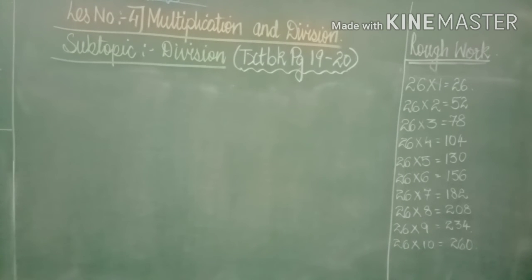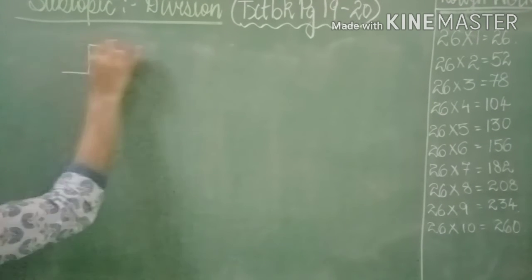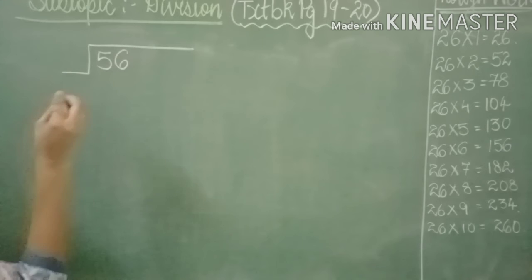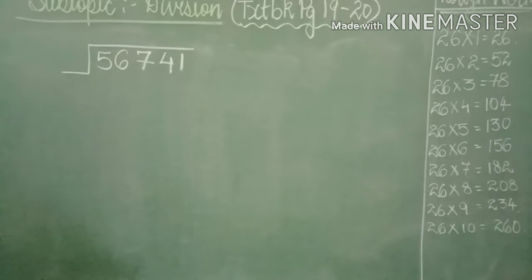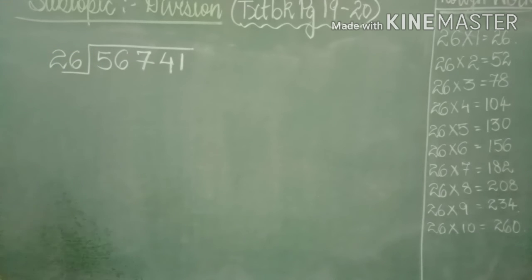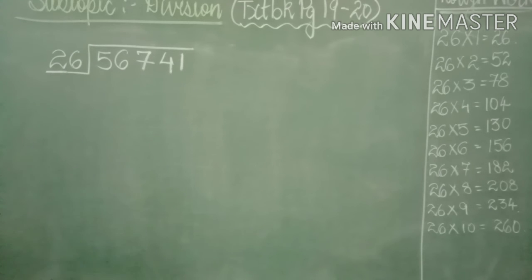Now let's start doing directly with the solution, that is 56,741 divided by 26. So we will be writing 56,741 divided by 26. 26 is the divisor and 56,741 is called as the dividend.